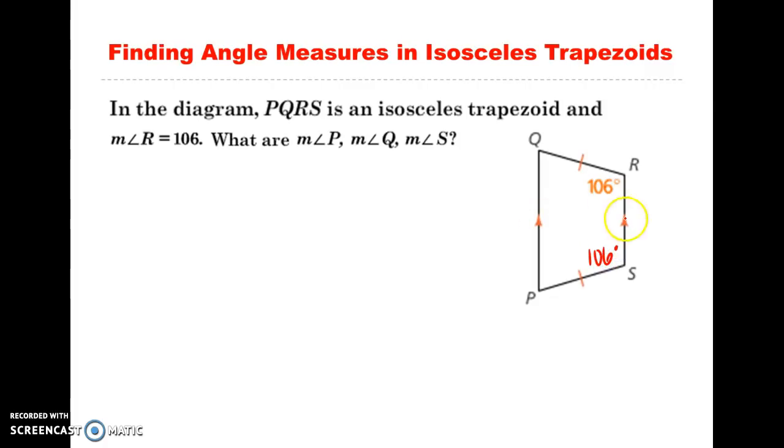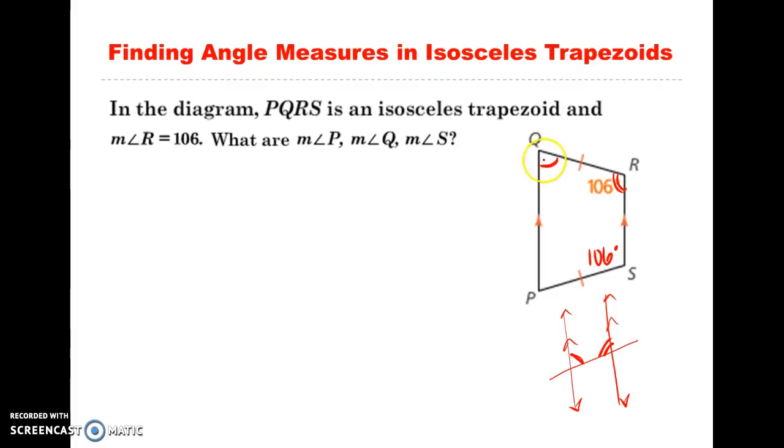Well, I see that on a trapezoid, you've got a set of parallel sides. So if you remember back to Math 1, when you have a transversal cutting through two parallel lines, their same side interior angles are supplementary. So if you notice here, we've got same side interior angles that are inside parallel lines.